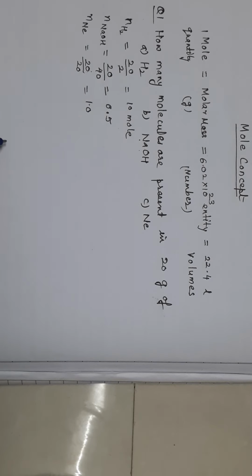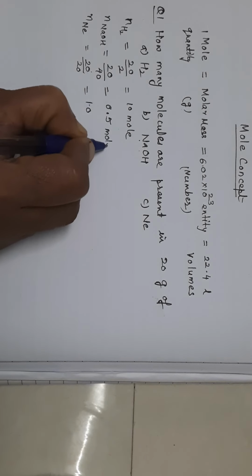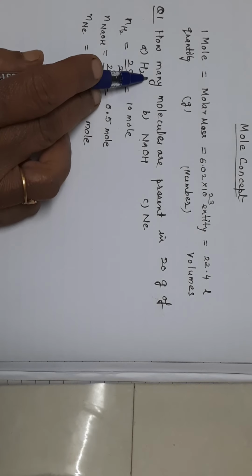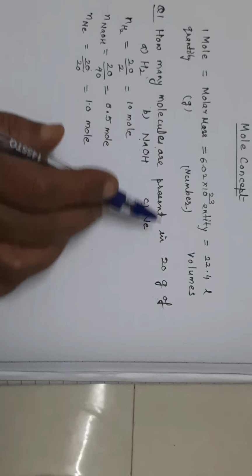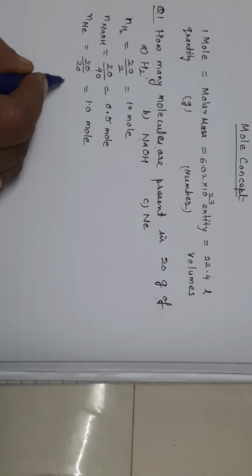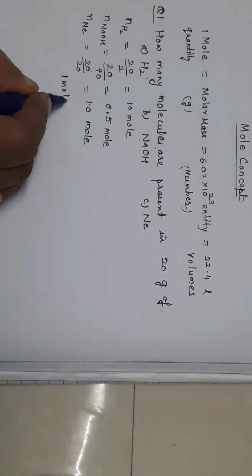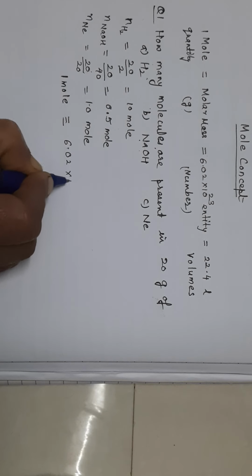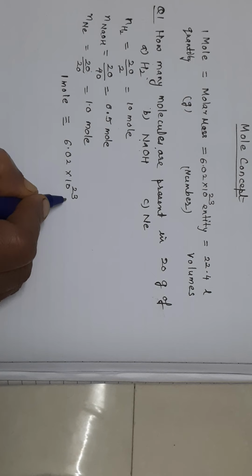Now, once we know the number of moles, our job is easy. We can easily convert it into particles. They have asked how many molecules are present. According to the mole concept, 1 mole is equivalent to 6.02 into 10 raised to 23 particles.